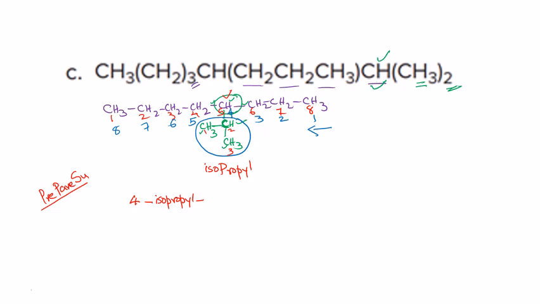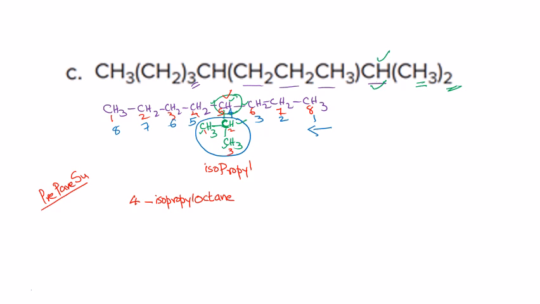No, so I don't have to have a hyphen here. So what I will do is 4-isopropyl and I have 8 carbon atoms. So that means the parent is oct, and then I have ane as suffix. So we have 4-isopropyloctane. That's the name for this compound.